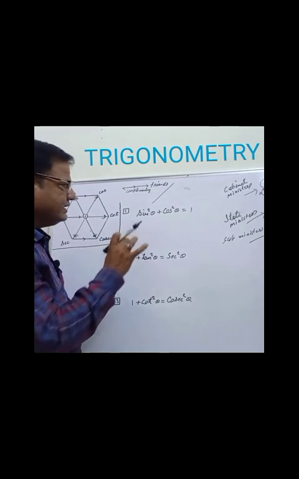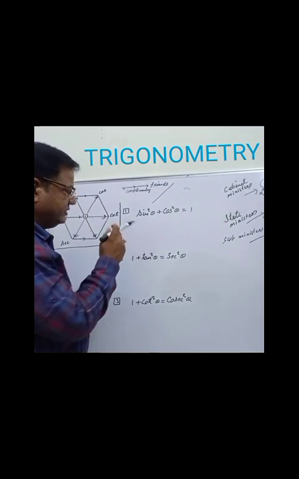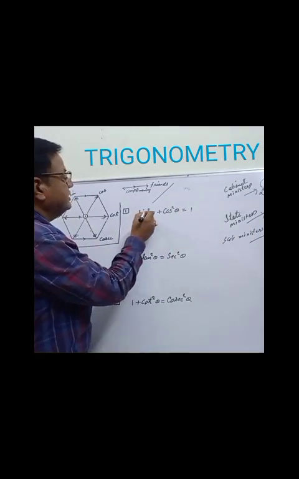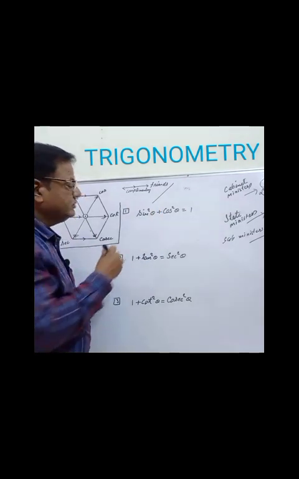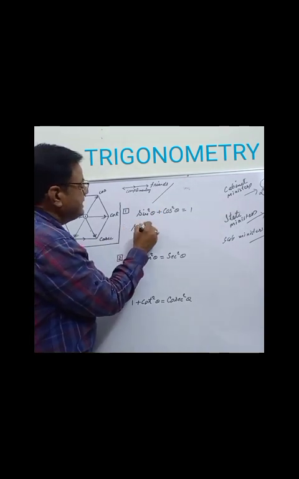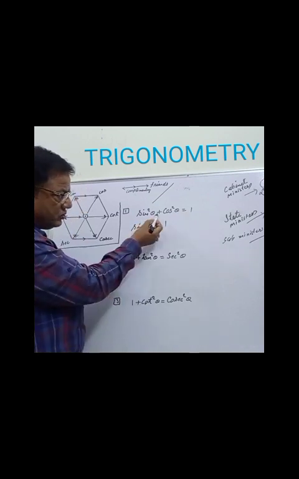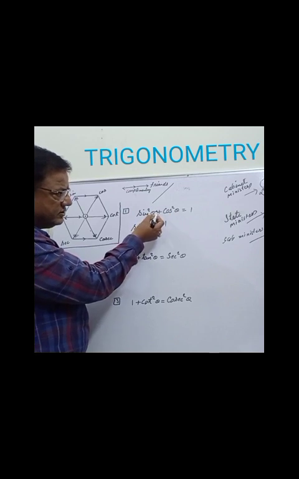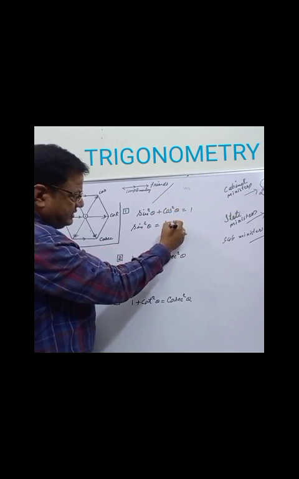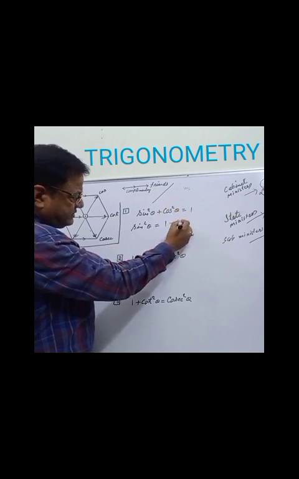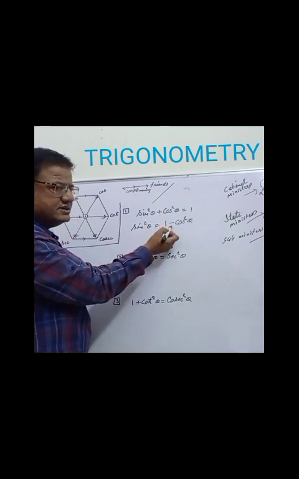And we can get some other identities using them. If we want to find the value of sin square theta, then we keep sin square theta on this side and cos square theta transposes to the other side, and it will change its sign, plus will change to minus.